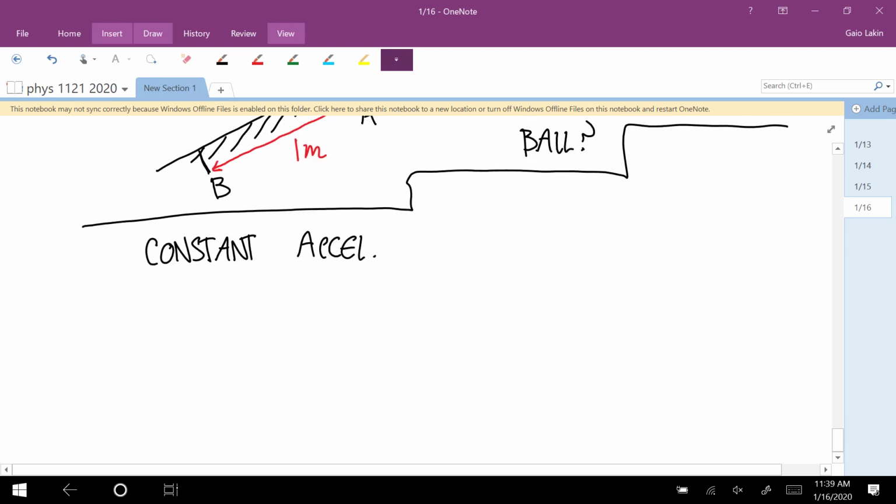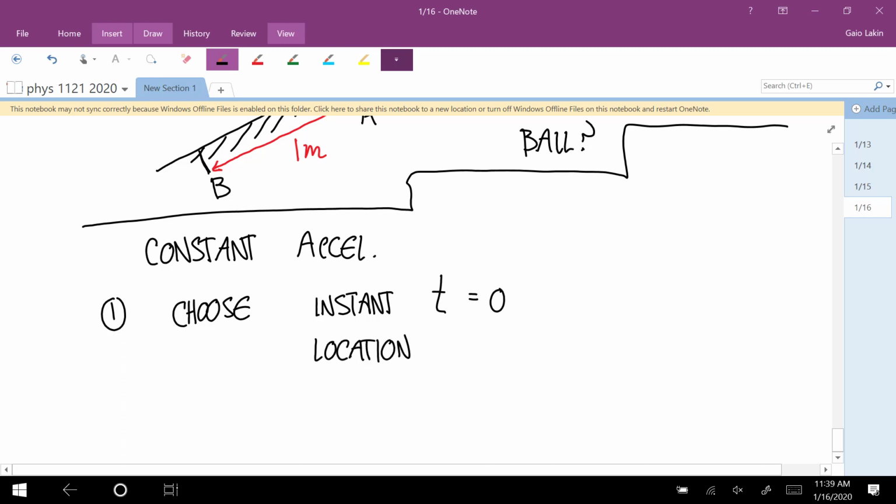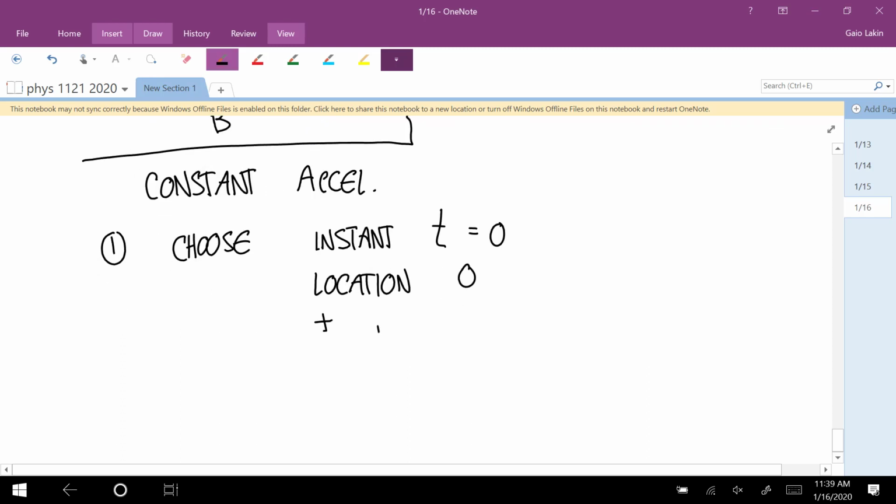And we first have to choose an instant that corresponds to time equals 0, a location that corresponds to the 0 position, a positive direction, and an instant corresponding to time t. Okay, where we want to calculate stuff.